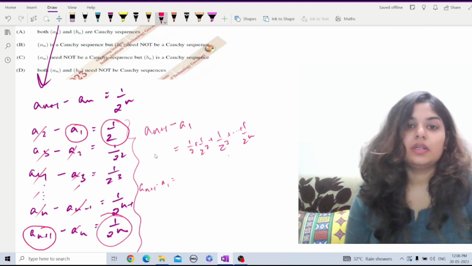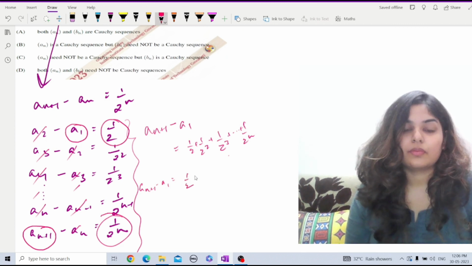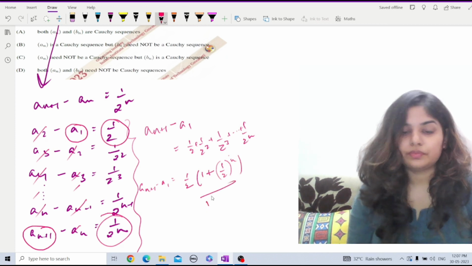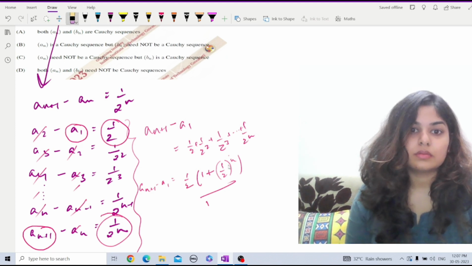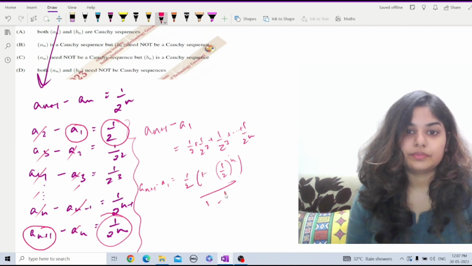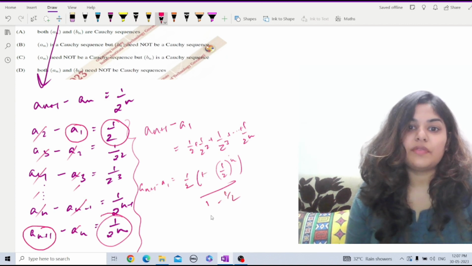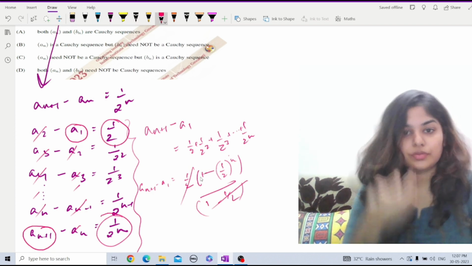So this is the first term, a, times 1 minus r to the power n, whole divided by 1 minus r. What is r? That is the common ratio, that is half. So 1 minus half is half, so this gets cancelled. So this is 1 minus 1 by 2 to the power n.